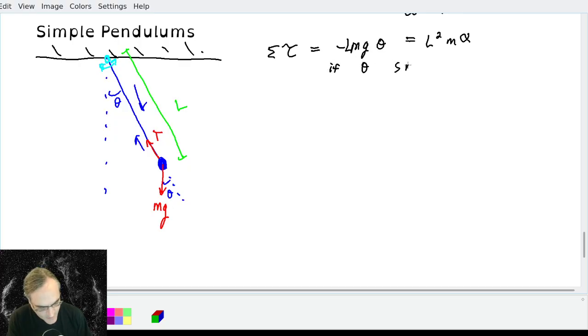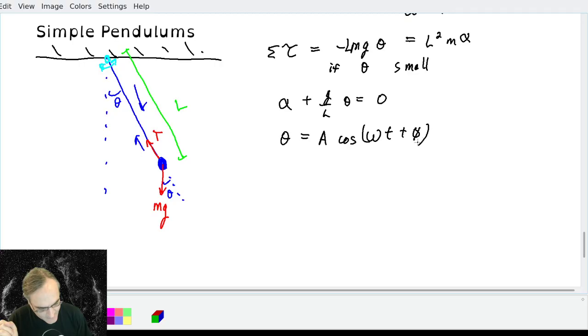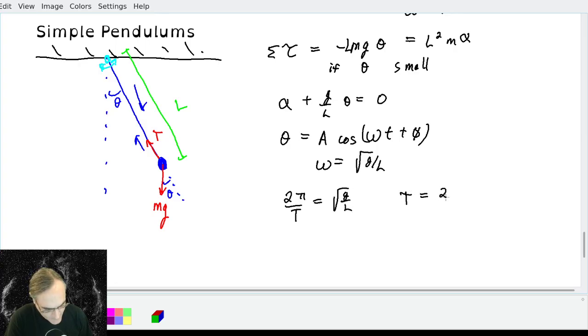If theta is small, small angle of release or small displacements, that results in alpha plus g over L theta is equal to 0, which gives us theta is some amplitude cosine of omega t plus the phase, where omega must be the square root of g over L. Last thing to finish this up, since omega is 2 pi over T, that means we also have found the period.